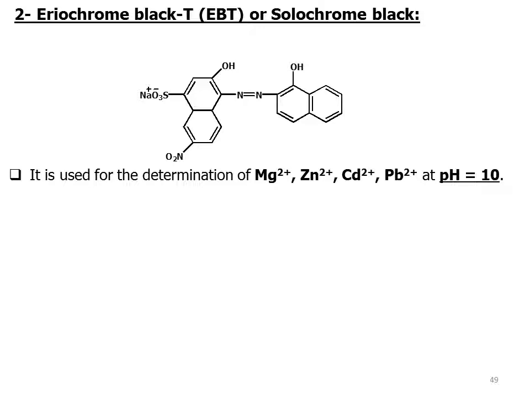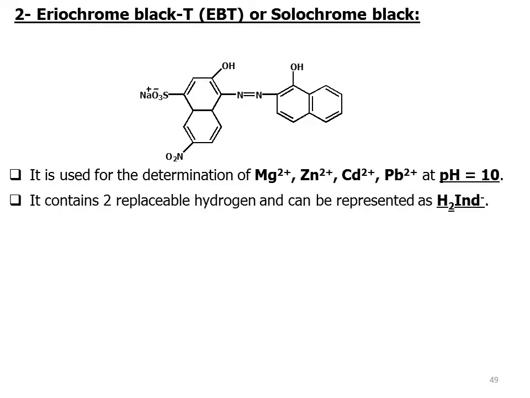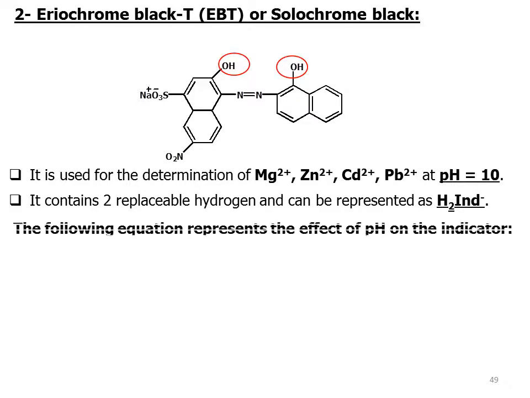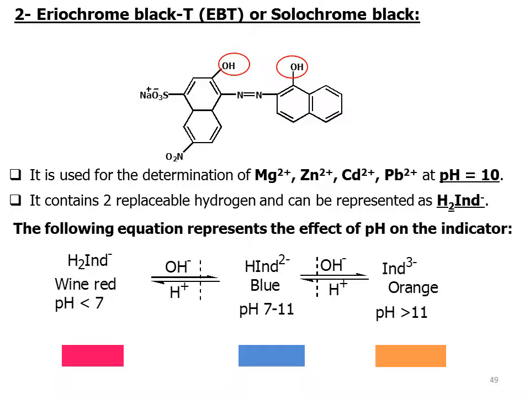Please memorize the central metal ions for EBT and the pH it works in. It also contains 2 replaceable hydrogens. The equation here, we select the middle form of the indicator at pH 7 to 11, above which is the orange form, below which is red wine.